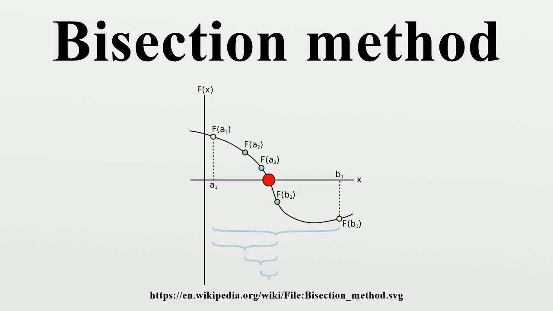Analysis. The method is guaranteed to converge to a root of f if f is a continuous function on the interval [a, b] and f(a) and f(b) have opposite signs. The absolute error is halved at each step, so the method converges linearly, which is comparatively slow.